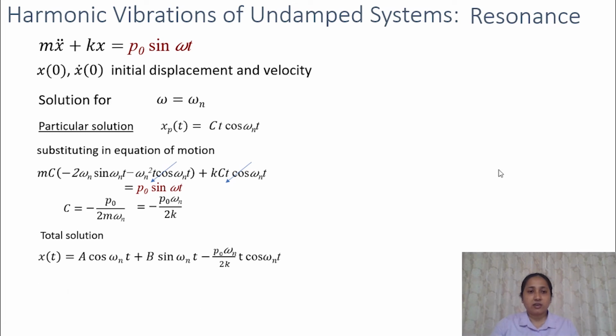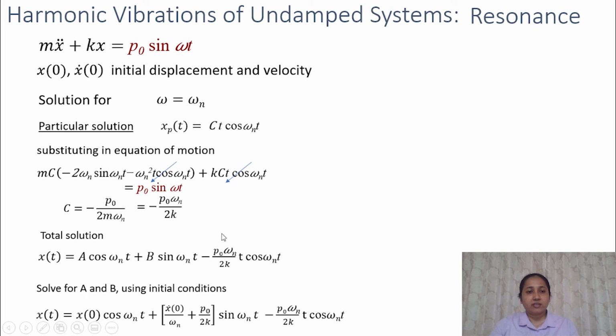So as we did earlier, we can find the value of A and B using the initial conditions. If you find the value of A and B, A will be equal to x naught and B will be equal to initial velocity divided by natural frequency plus P naught by 2k. So this is the transient part and this is the steady state part. As you can see, the steady state part has a term t.